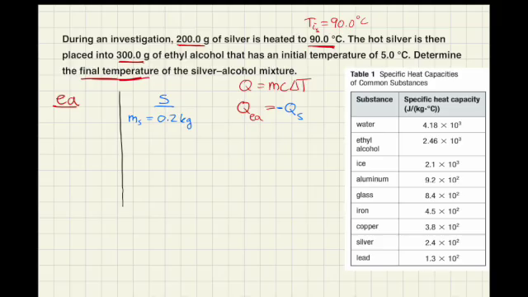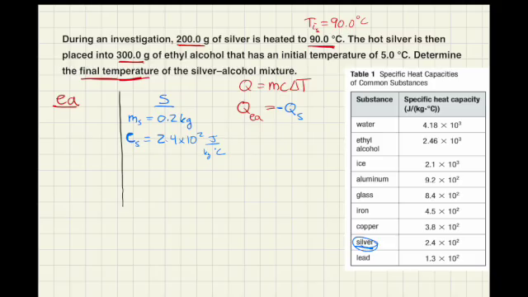Our C, our specific heat capacity, can be found in this table right over here, and that is 2.4 times 10 to the 2. That's not an E, that's a C. And that is in joules per kilogram degrees Celsius.